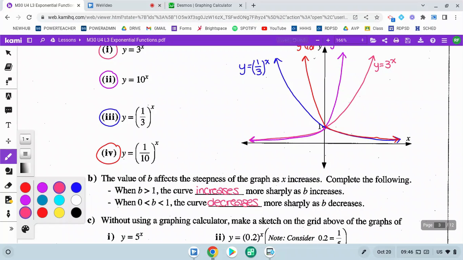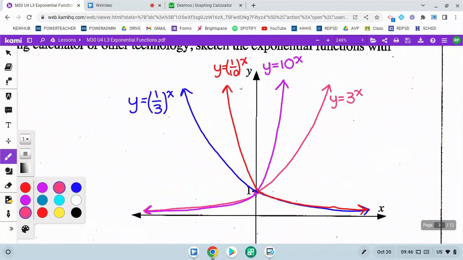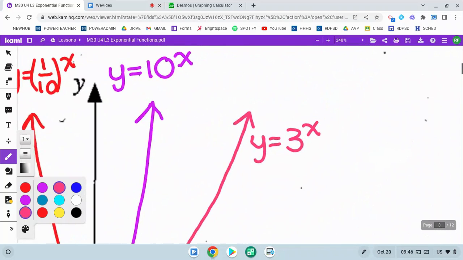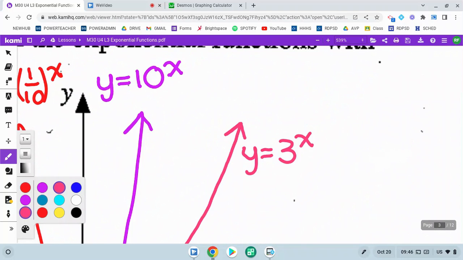If we know the b value, we know which one should be steeper and which one should not be. So if I gave you information about these two graphs and I told you that b is bigger, so let's say these two for example, if I told you that my b value is bigger than the other graph and they're growth functions, then I should be able to pick out which one is which on the grid.